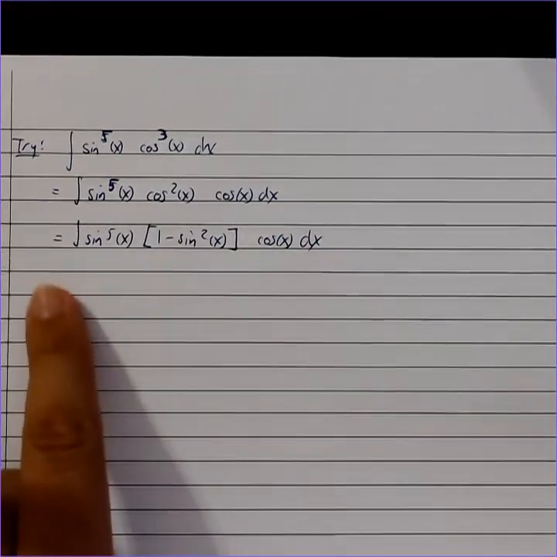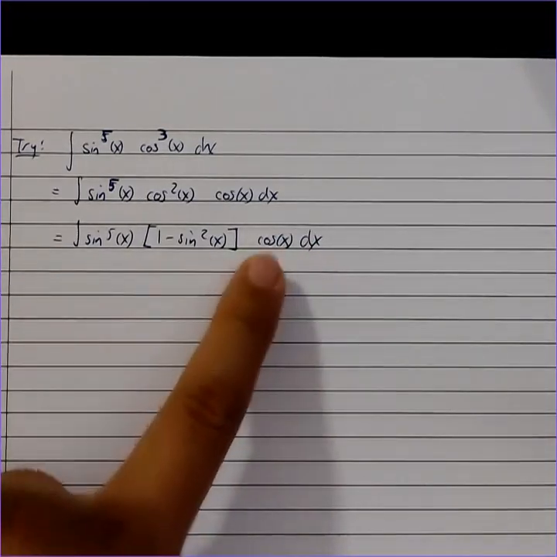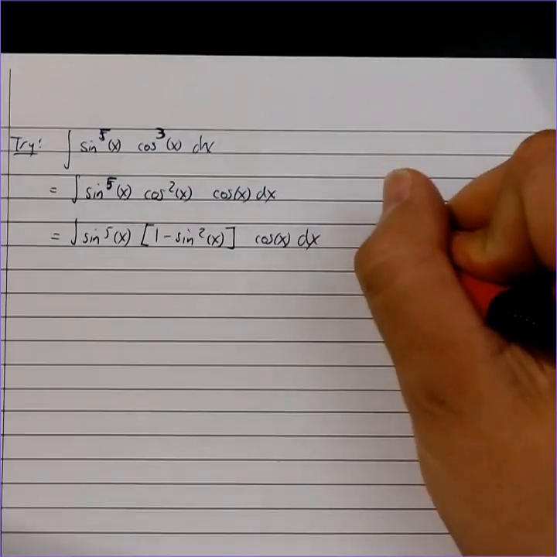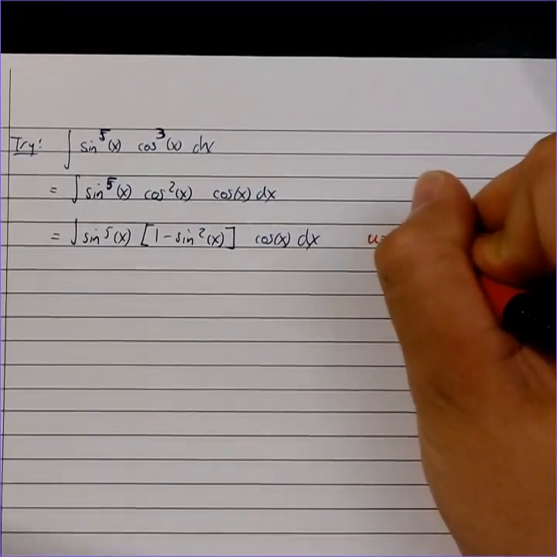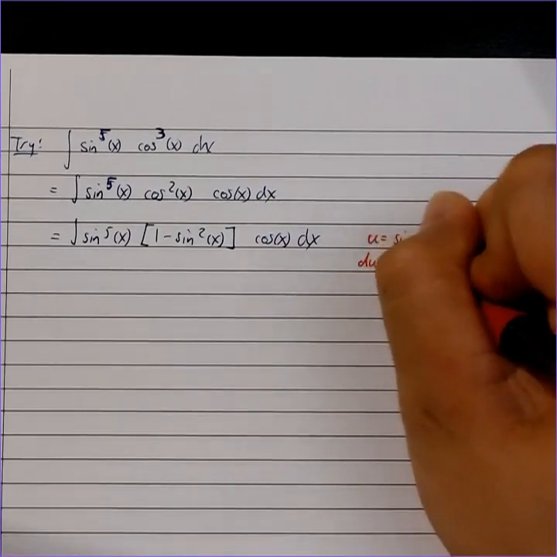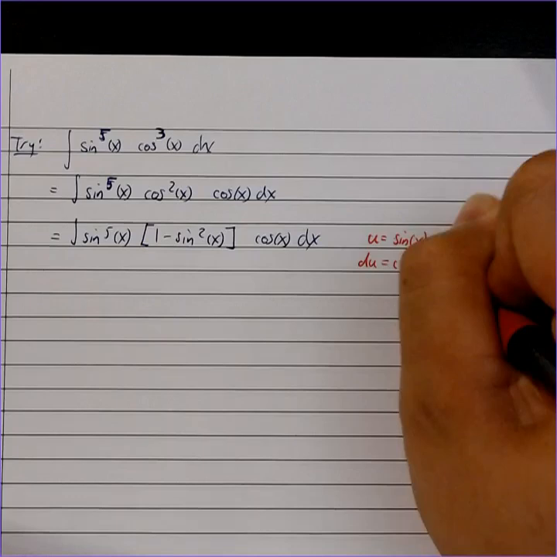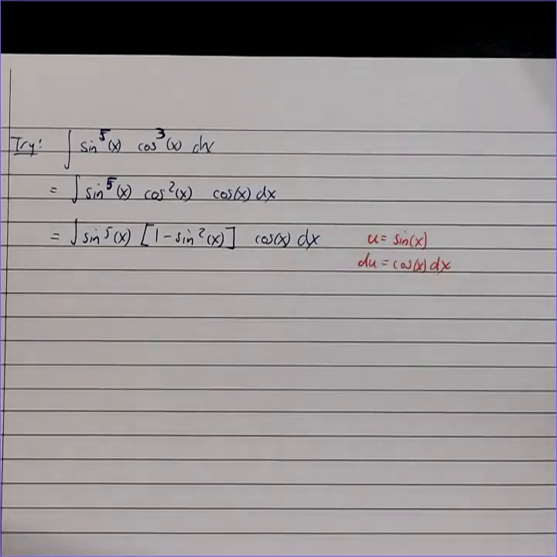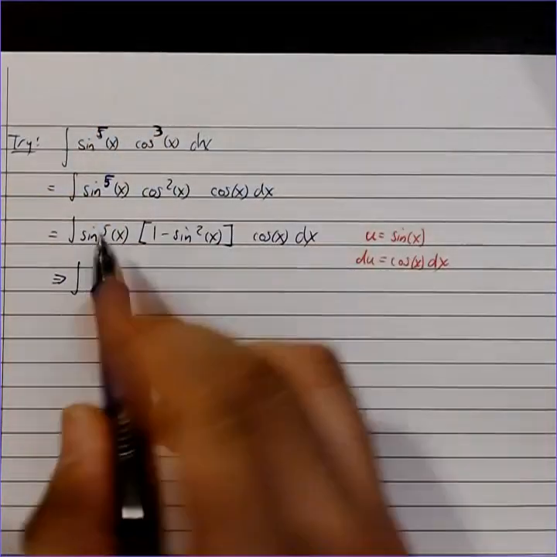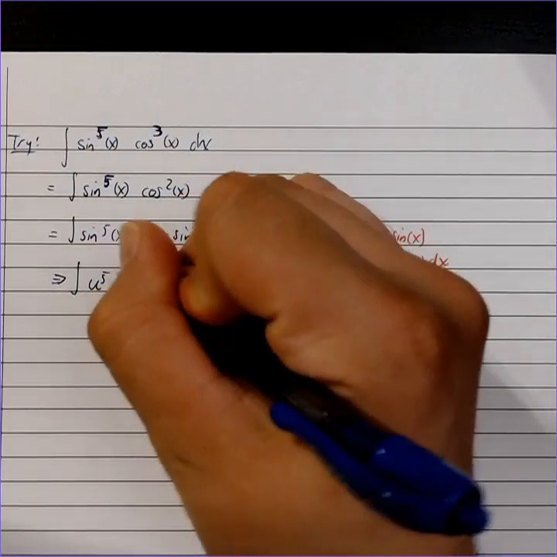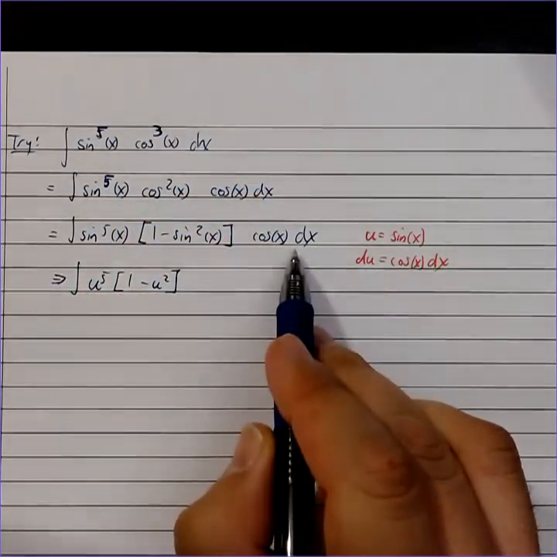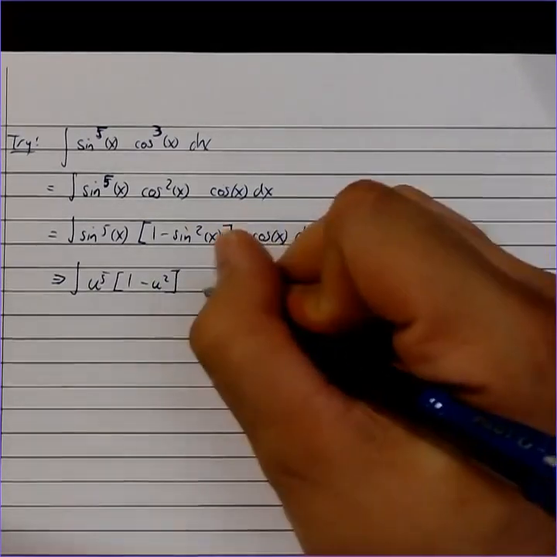But now, since everything here is in terms of sine of x, and cosine of x dx is the differential of the sine of x, we can say u is equal to the sine of x, du is the cosine of x dx, and so now our integral can be rewritten as the integral of u to the 5th times 1 minus u squared, and then cosine of x dx, that's your du.